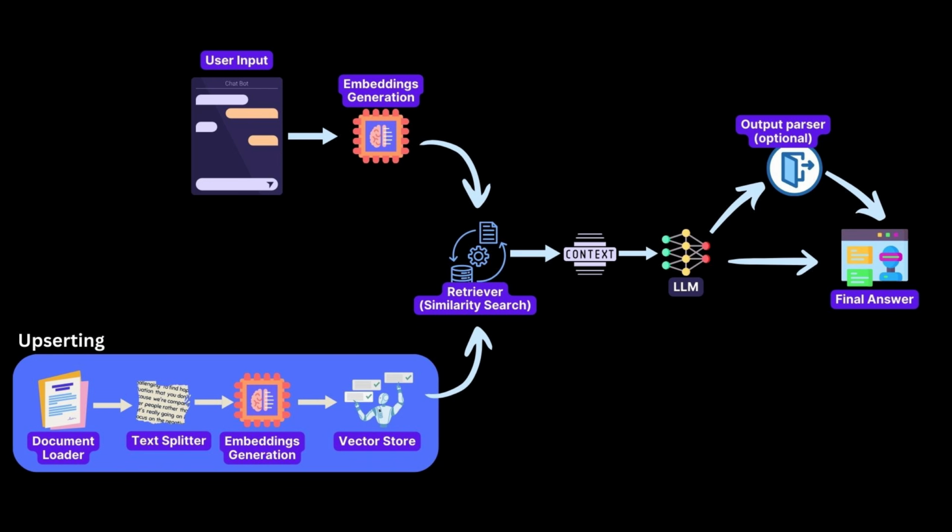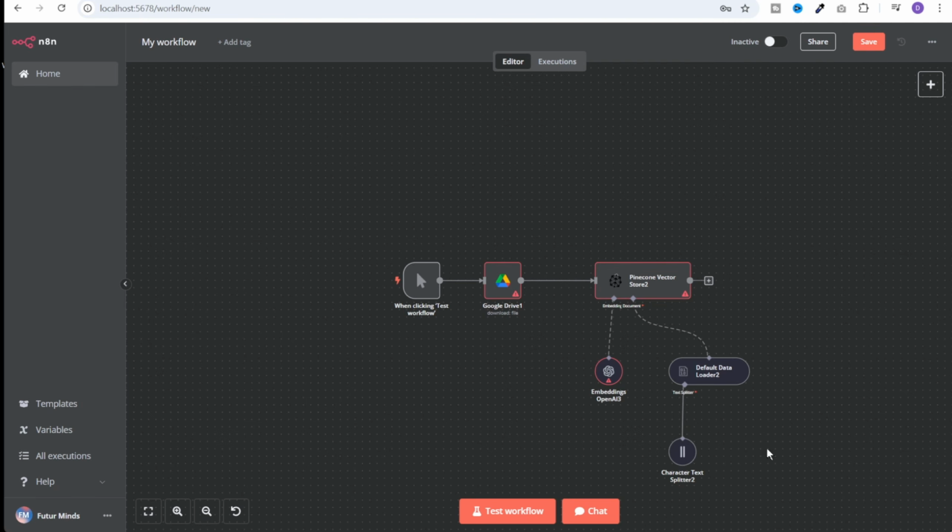Now, if we look at our diagram, you can see we had a document loader, then we were splitting the text, then we were converting those chunks into vectors using the embeddings model, and then finally storing it in the vector store. And now if we look at this workflow here, we are downloading the file from Google Drive and passing it to this Pinecone vector node.